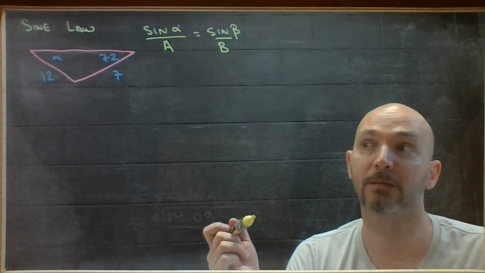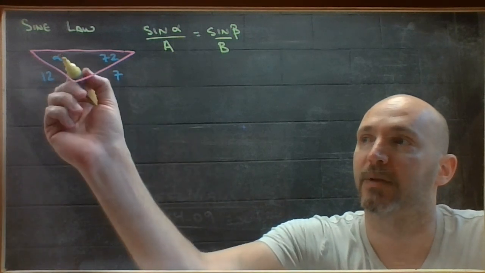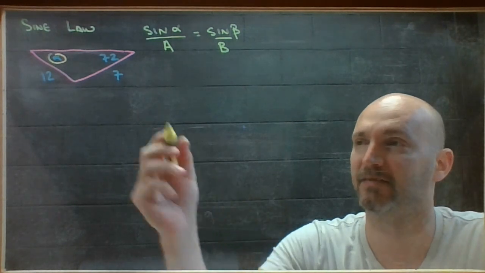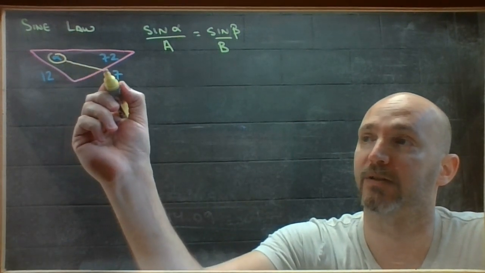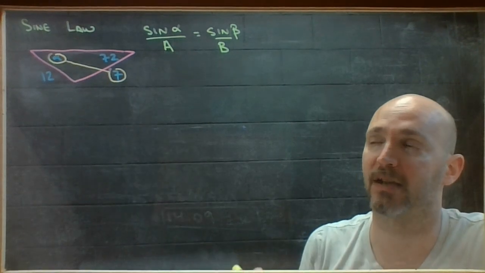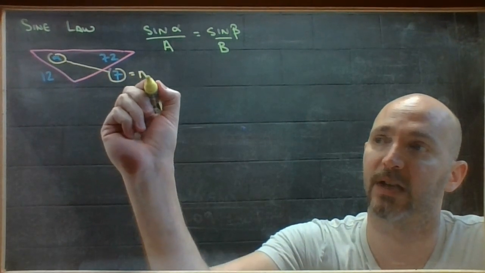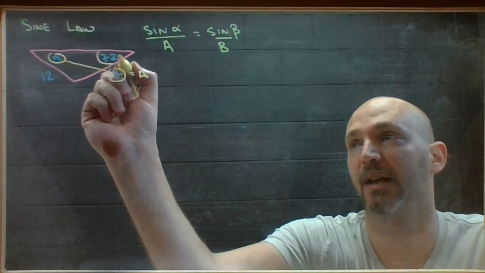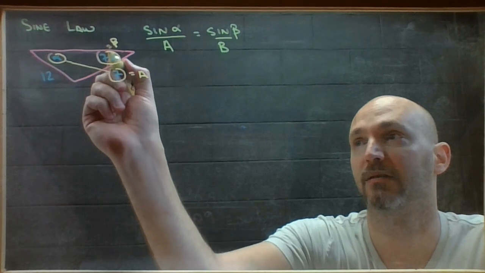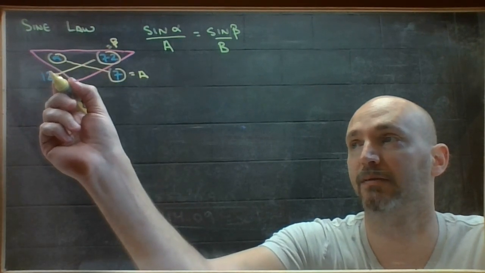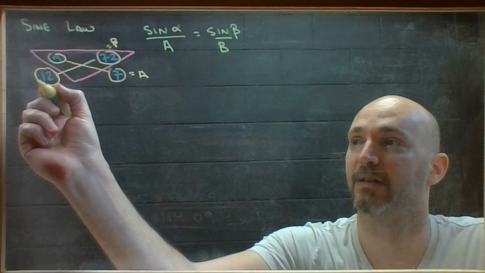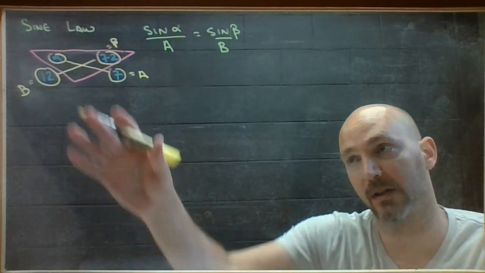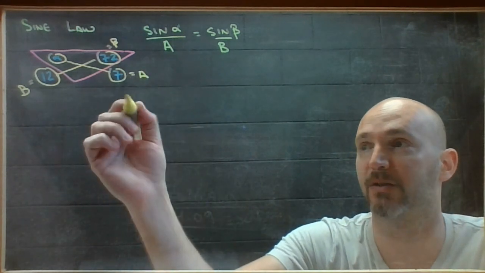Well, another example. I have an alpha up here. I'm going to make that alpha. It's a good choice. If I look across the triangle, the side that's not touching that, that's what I put in for A. And if this angle is going to be beta, and I look across the triangle, find the side that's not touching it, that's going to go in for B. So I'm going to set them up in the equation.